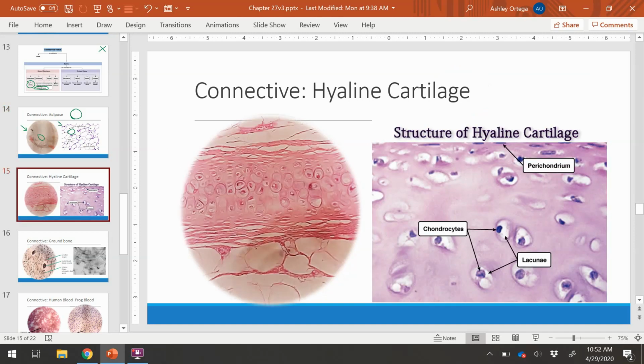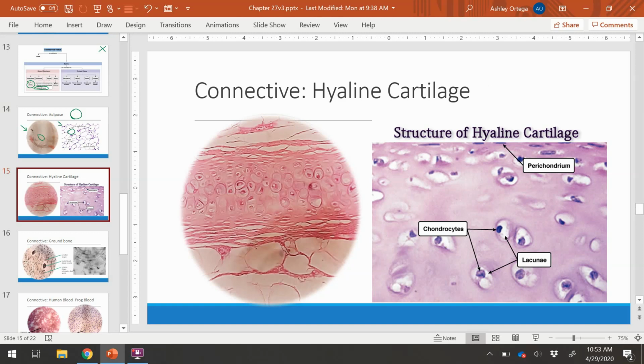Then moving to connective tissue, the next example we'll see is hyaline cartilage. Hyaline cartilage is going to have cells that are suspended in a matrix, and so that's a very good example for connective tissue and how it's defined by cells suspended in a matrix.